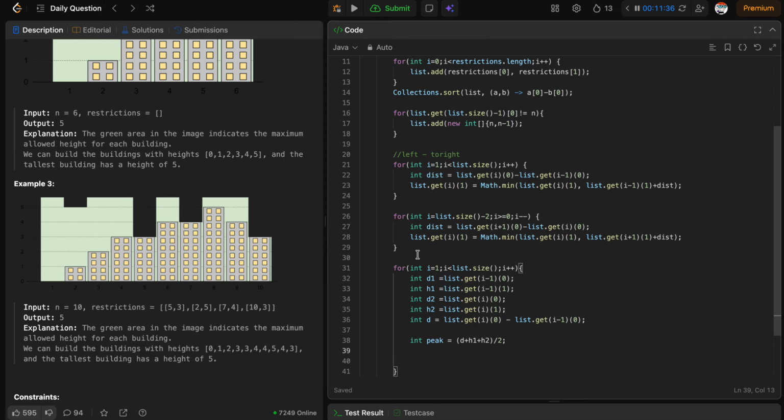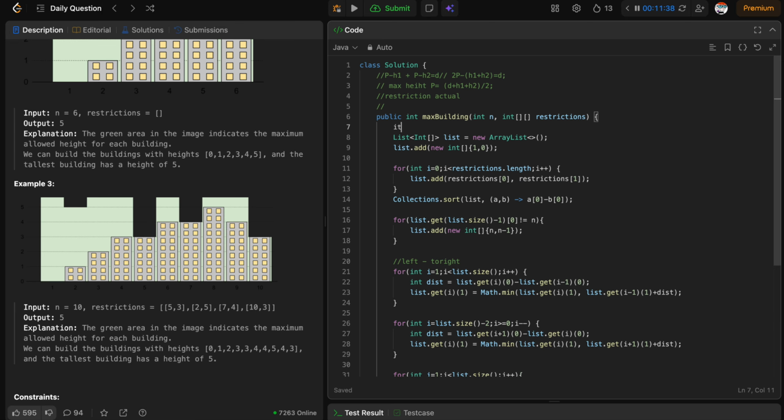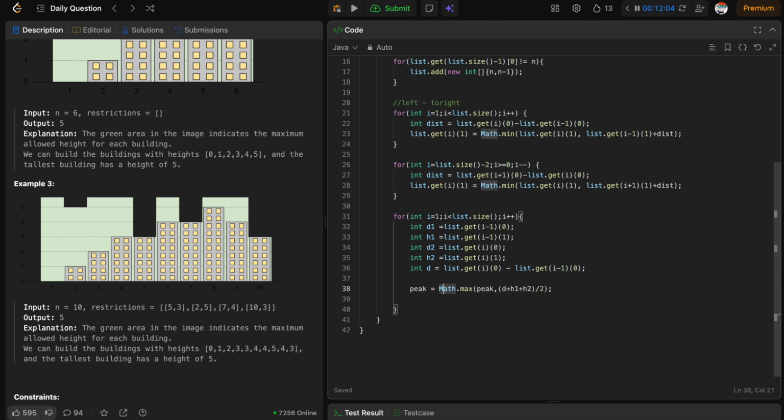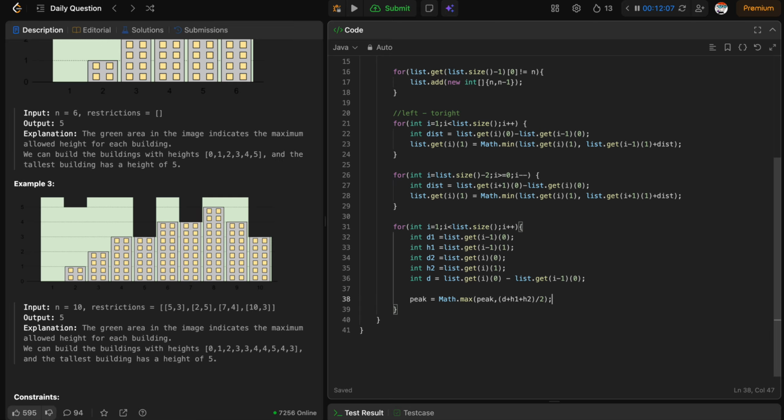And if we know the peak, int peak, then peak can be math.max of peak. Oh, sorry, return peak.